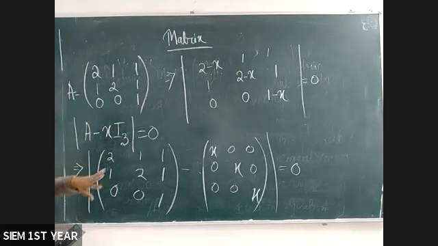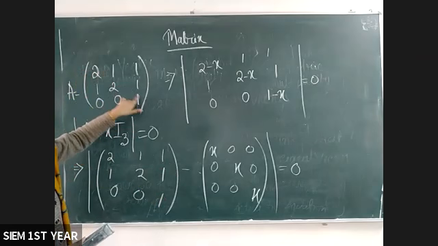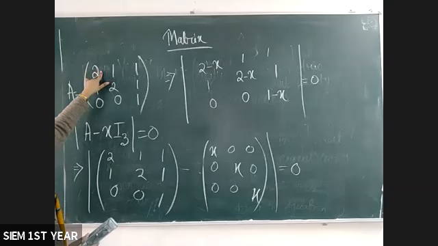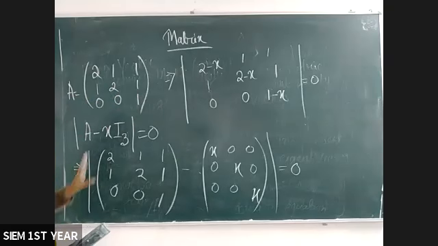But from the next problem, you can directly consider determinant of A minus lambda I3 equals 0, meaning you can skip this whole line and directly write the given matrix with the diagonal elements minus x, minus x, minus x. The remaining elements will be the same. Only in the diagonal elements you have to write minus x. Clear to all of you?